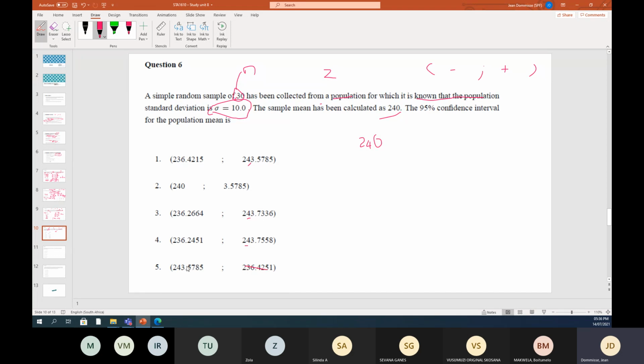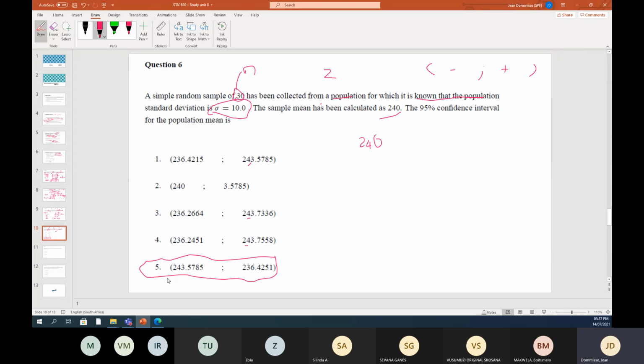Here you will see that this number is bigger than that one, and that can't be when you are working out the confidence interval, because your left one needs to be the smallest and your right one needs to be the highest.